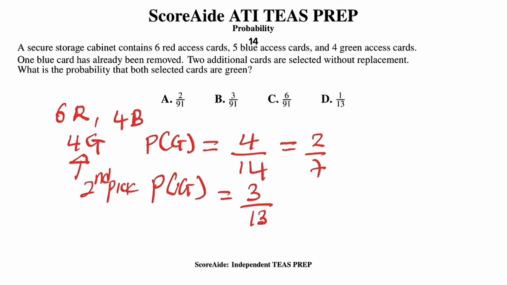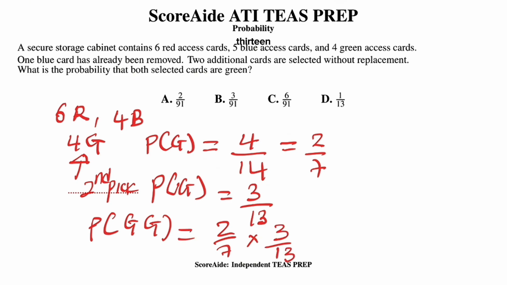Because there were a total of 14 cards. We picked green and didn't replace, so the total number of cards reduces to 13. So the probability of green now is going to be 2 over 7 times 3 over 13, which is equal to 6 over 91.